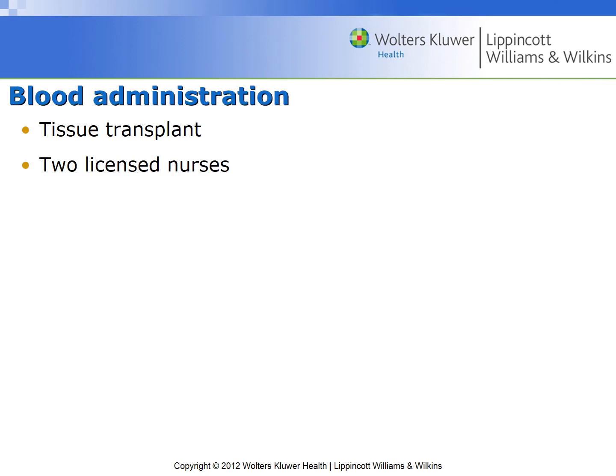It requires 2 licensed nurses, not a nurse and a CNA or a nurse and a family member, 2 licensed nurses. There's a special ID band for the patient that has a distinct, discrete number for that patient and the blood bank.